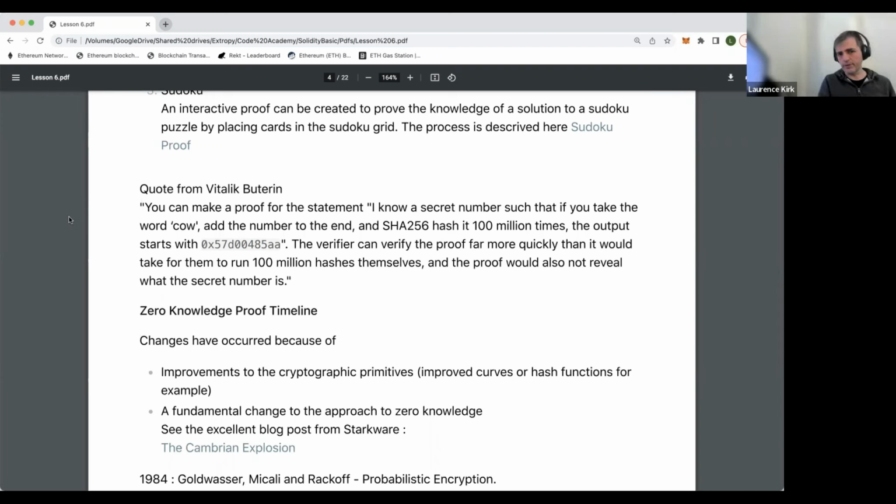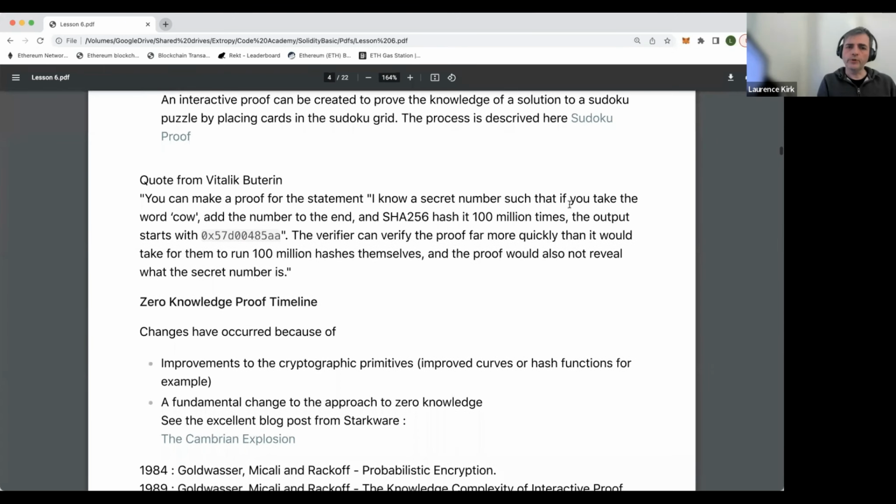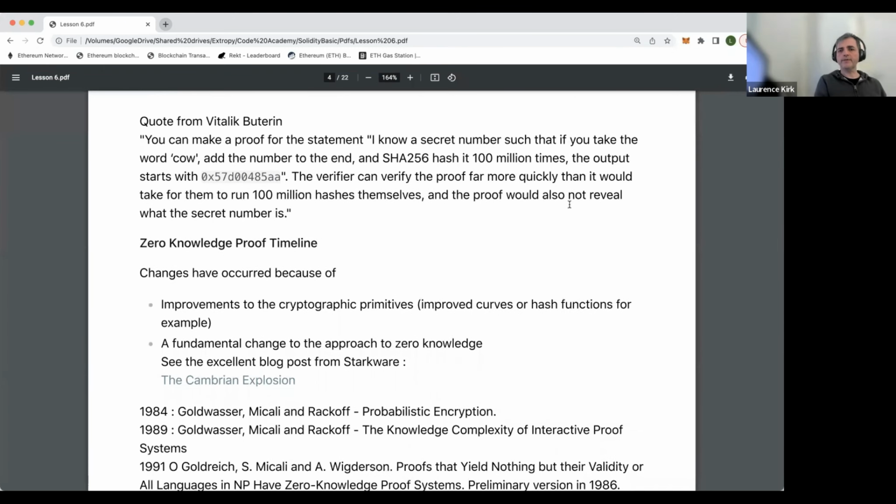And there's a good example here from Vitalik, who is talking about doing some hashing, but doing it a huge amount of times. So saying we're going to take the word "char", we're going to add a number to the end, but do this secretly. We're going to hash this 100 million times, which would take a long time to do. And then we'll be able to prove the output.